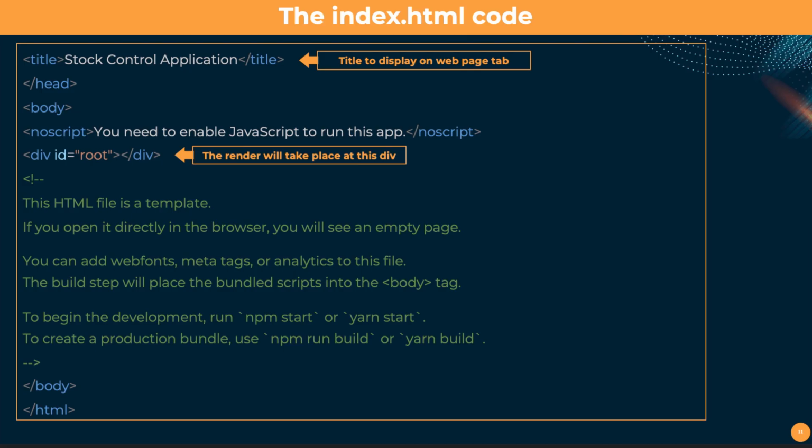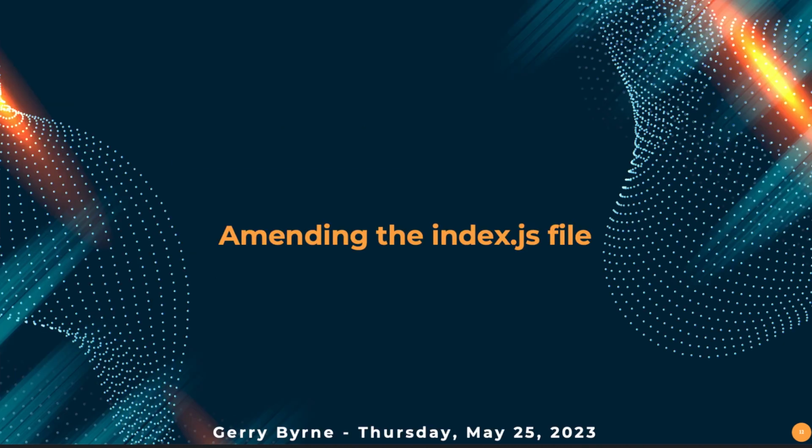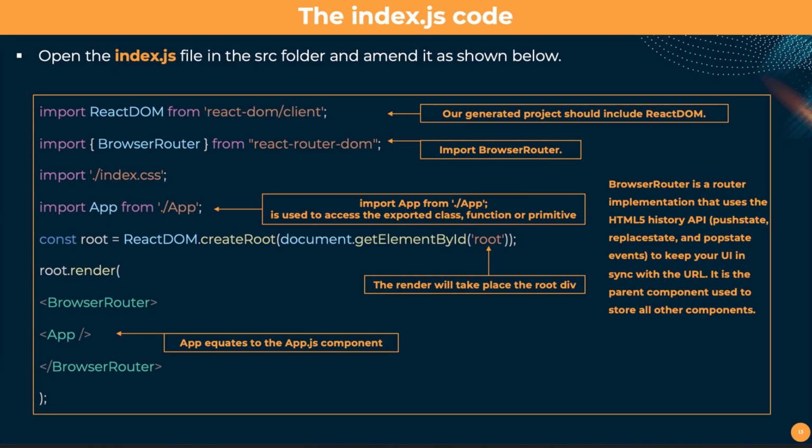The next thing then that we want to look at is the index.js file. In the index.js we will import React DOM from react-dom/client. So our generator project, really we want React DOM.